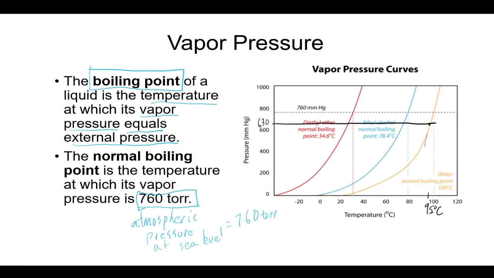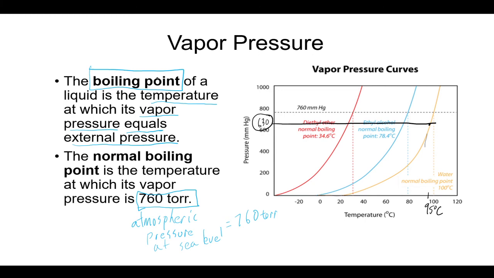So I only have to get to 95 for enough water molecules to get into the gas phase to overcome the air pressure. Why? When you're a mile up in Albuquerque, there's less air above you, so the air pressure is less. So the boiling point is less at altitude.